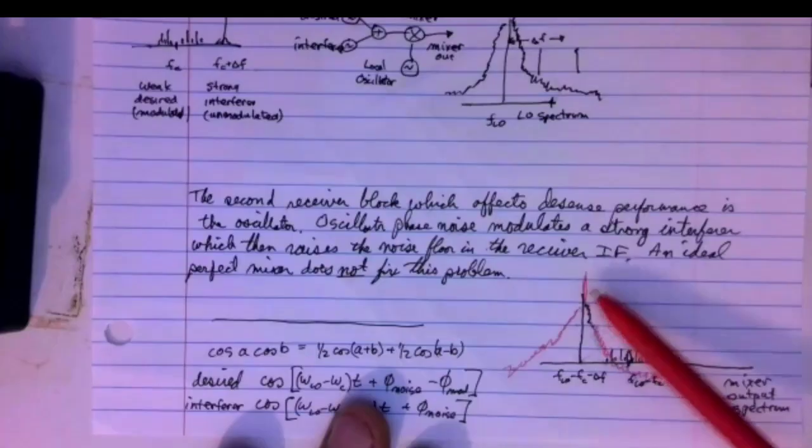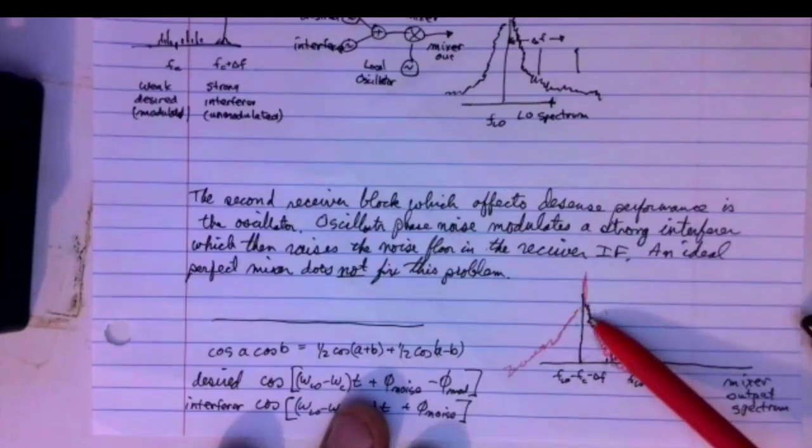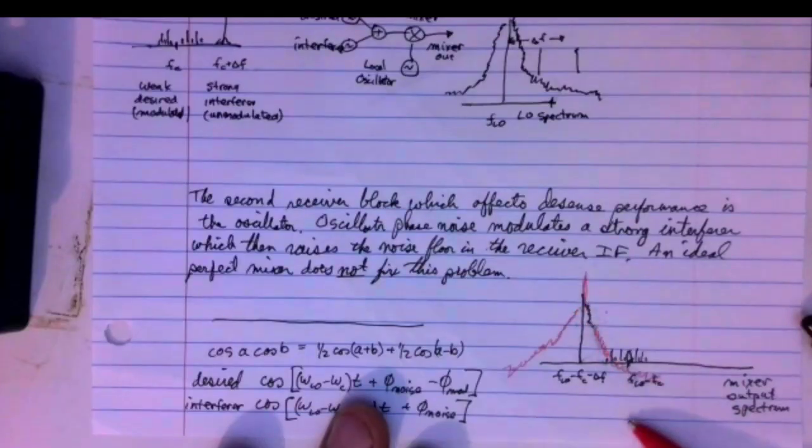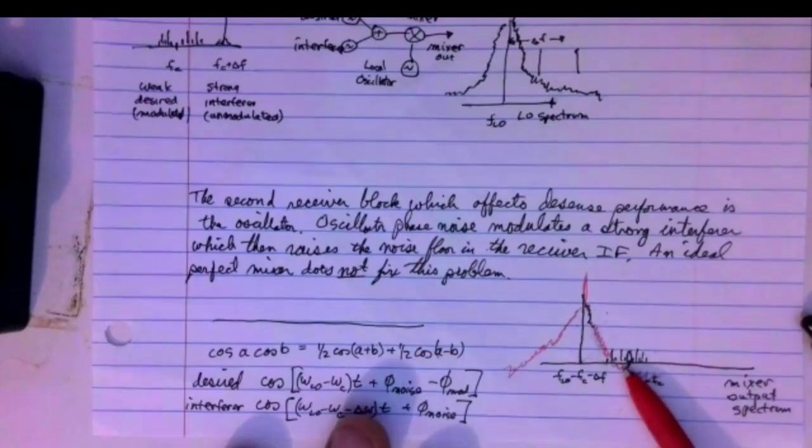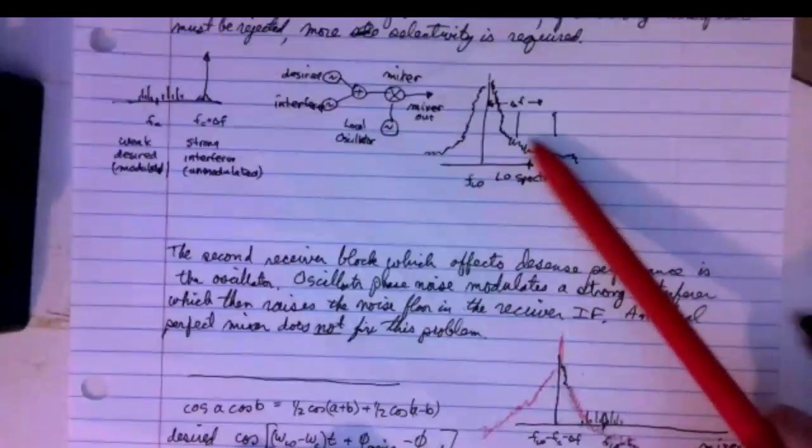But here on the interferer now, this phase noise right here, the stuff that's on the same frequency as the desired signal after you go through the mixer, that's the phase noise that's in this window right here on the oscillator, is the stuff you care about.